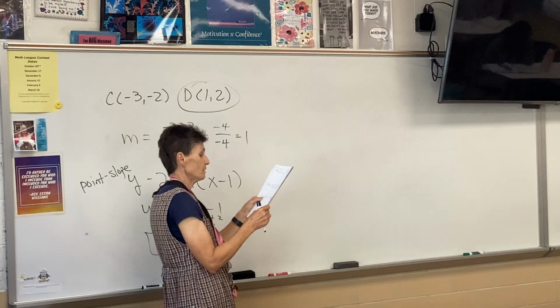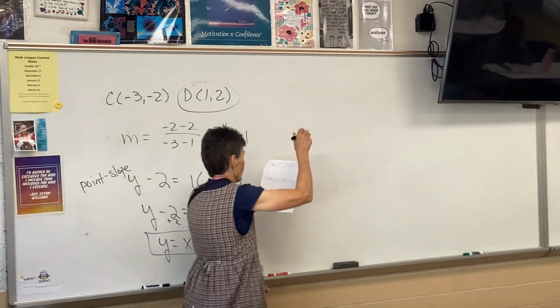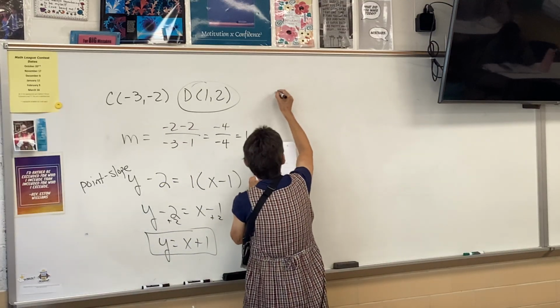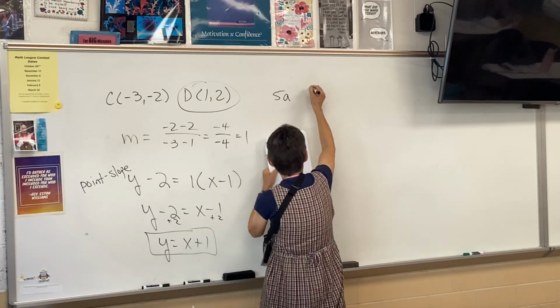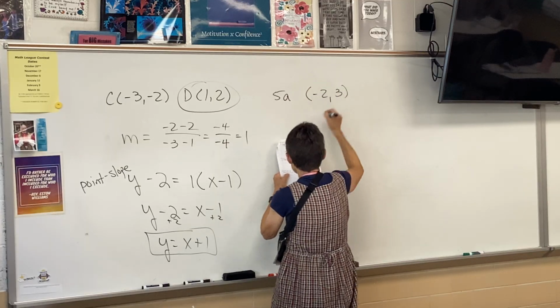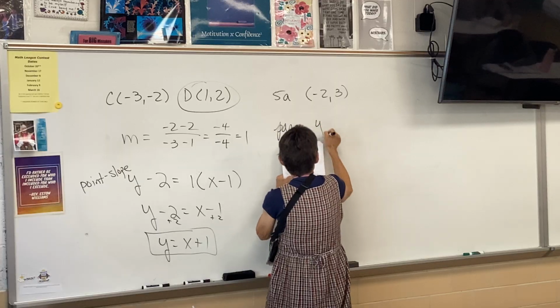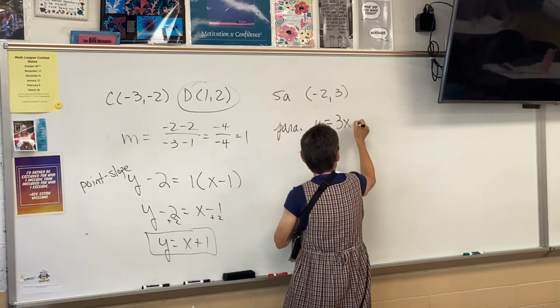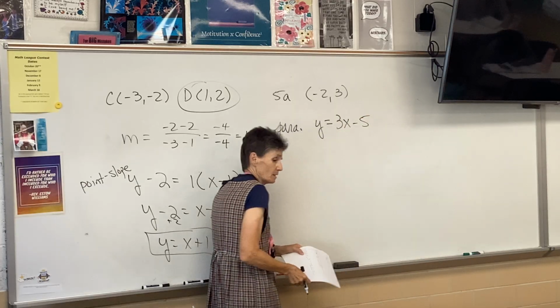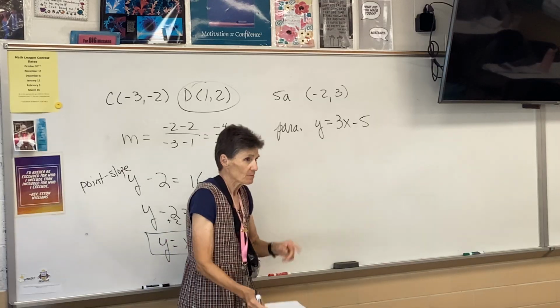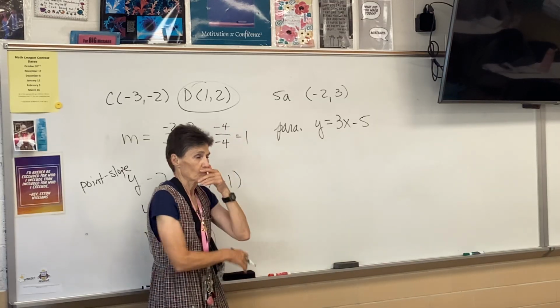Write the equation of the line through the point negative 2, 3, and it has to be parallel to y equals 3x minus 5. Right, now this is a little bit different.